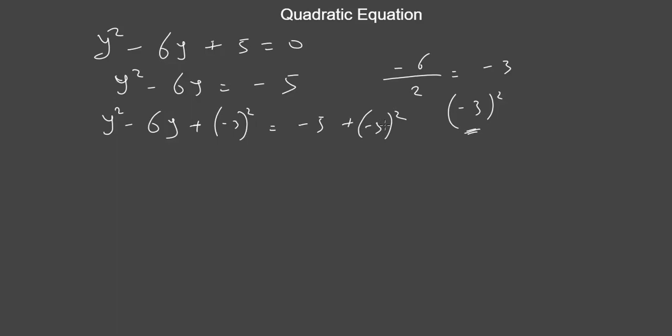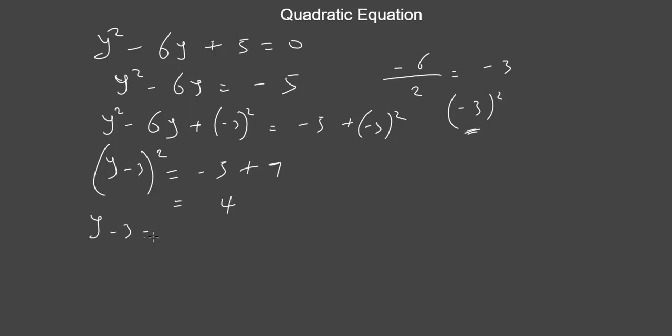Once you've done this, all you need to do next is take this y minus whatever you have here, then just square it. Don't go further. This is just a general rule that emanated from the geometry. Whenever you see people use this formula, the whole thing originated from the geometry, and this will always give you y minus 3 squared equal to, then you simplify as usual, which is minus 5 plus 9, and that will give you 4.